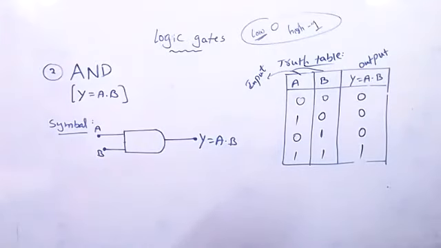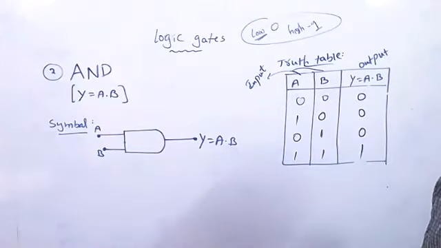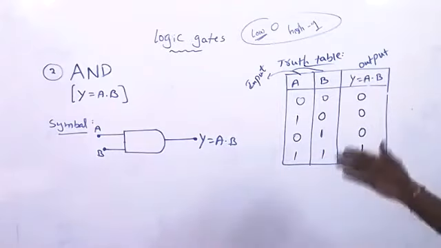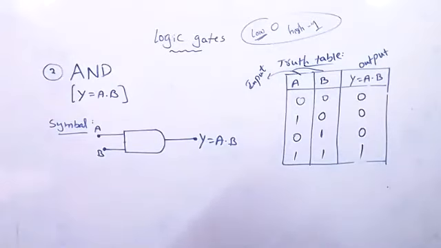Can you give an example that one input is high, one input is low, even the output is low? Come to bike.